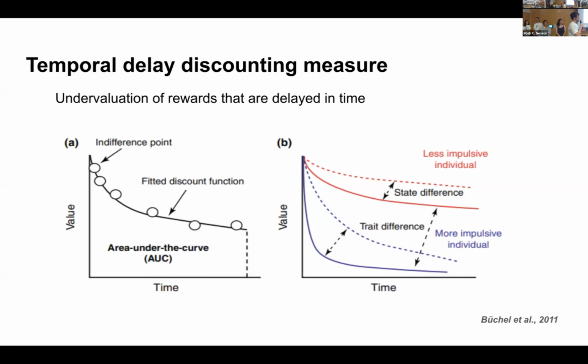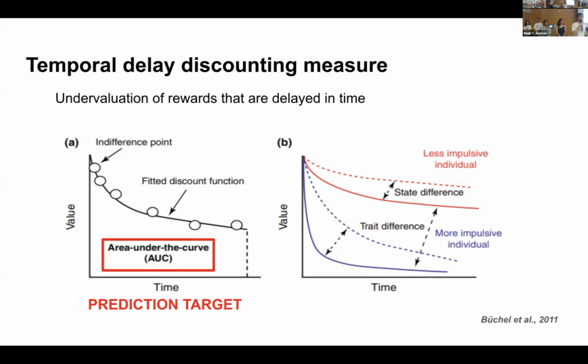So we took this as a measure of the self-regulation capabilities of a subject. And the summary of all that is the area under the curve. This is a single data point that we have for each participant, signaling their self-regulation capabilities.